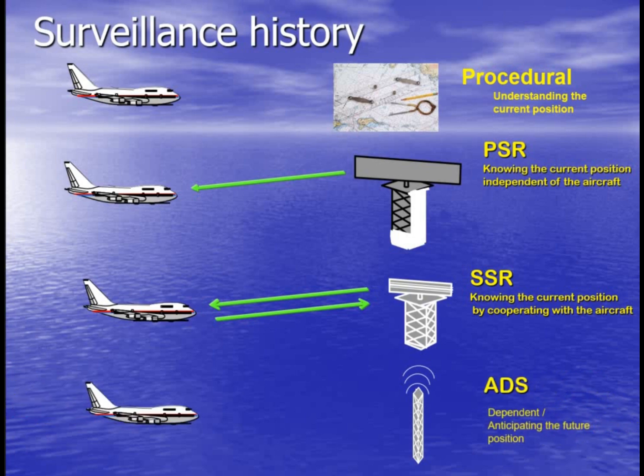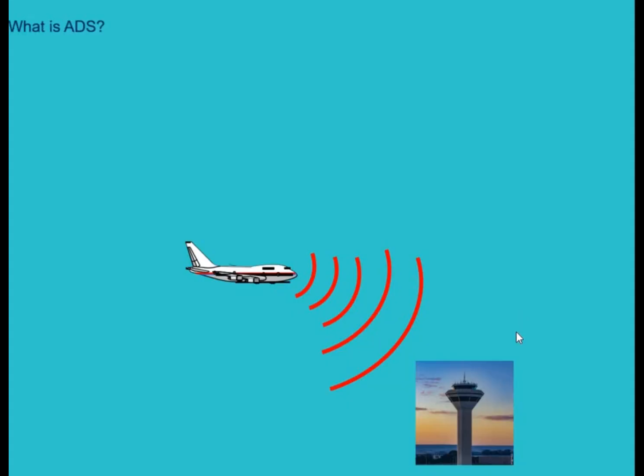To overcome this problem, the aviation industry turned to automatic dependent surveillance. In this system, the system is totally dependent on the aircraft transmitting or broadcasting information to its surroundings. What is ADS?